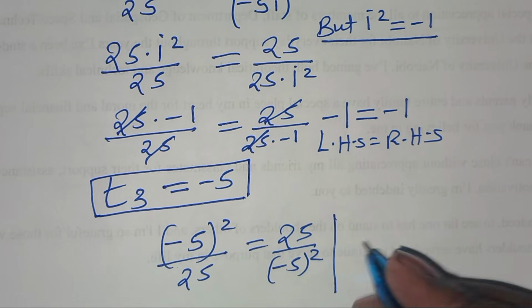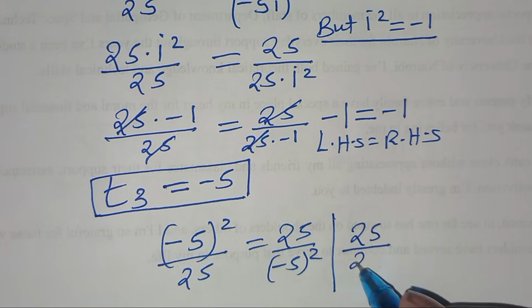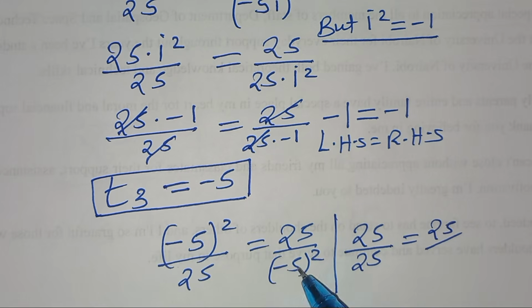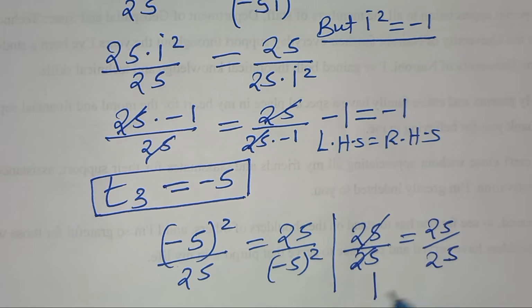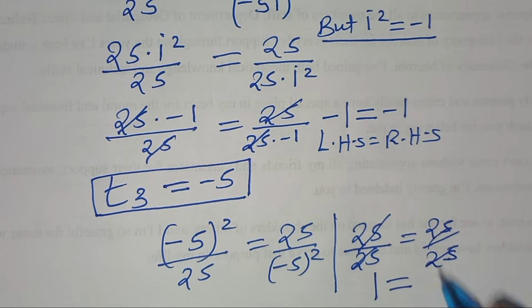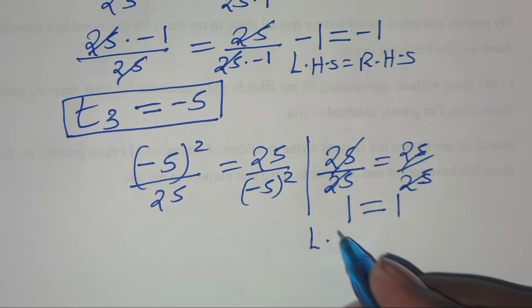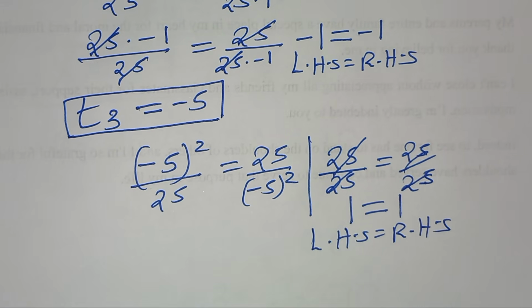Now minus 5 squared is the same thing as 5 squared, which is 25 divided by 25, equal to 25 divided by minus 5 squared, which is 25. So 25 and 25 simplify, so 1 is equal to 1. So that implies that the left hand side is equal to the right hand side.